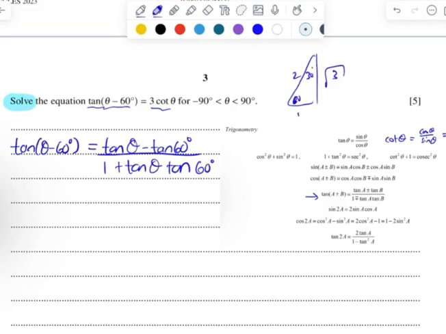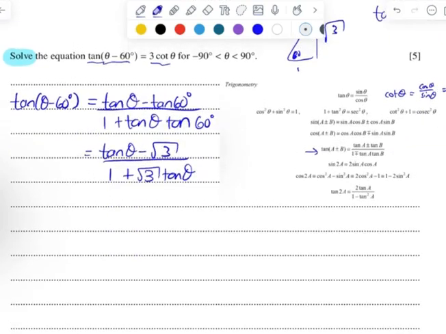Okay, now my tan of 60, you can just do that on a calculator, but that answer is going to be √3. So I'm going to have tan theta minus √3 over 1 plus √3 tan theta. Okay, so I've just expanded the left-hand side at the moment. I could have done that all in one step, but I just did it separately. There's no need to do it separately.